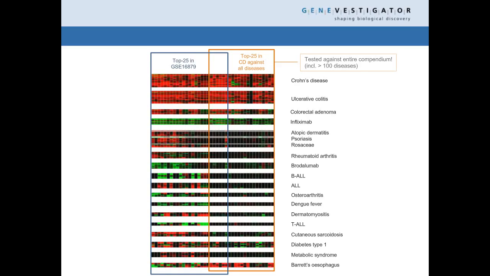It's just an example to illustrate it. But for example, here in these inflammatory diseases, we can see that the genes found to be top regulated, if you do a differential expression in this study, were also regulated in quite a number of other inflammatory diseases. Whereas in our approach, the genes we found were specific for Crohn's disease. They were not regulated in these other inflammatory diseases either.